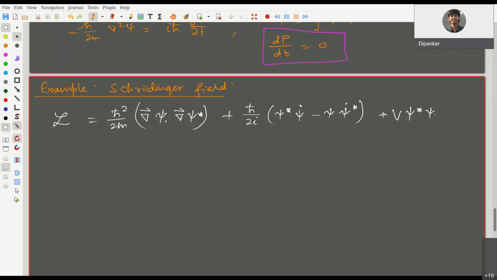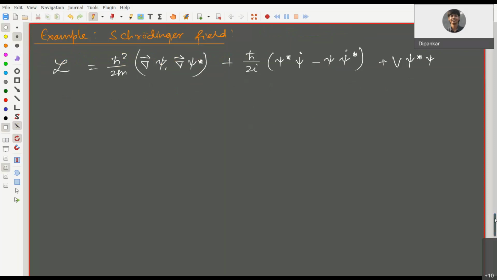First of all, suppose this is the Lagrangian. It is given somehow. I have not discussed how you get this Lagrangian, but somehow you got it, let's say. And this psi is a complex field here. A complex field has 2 degrees of freedom, because of the real and the imaginary part.